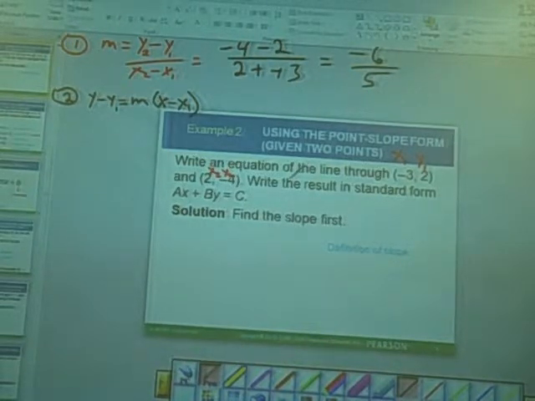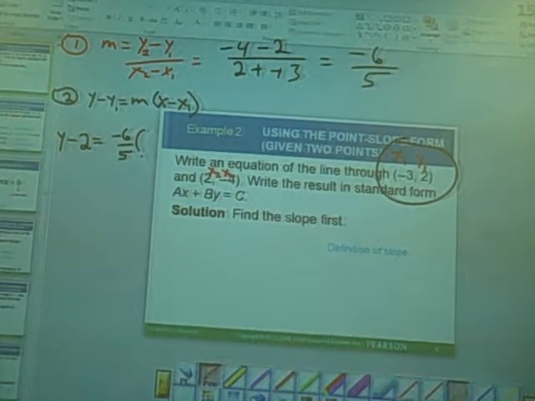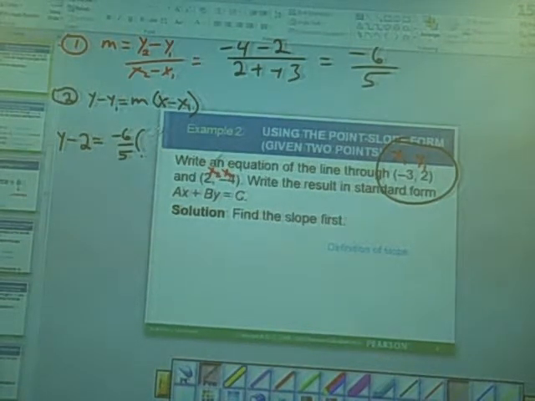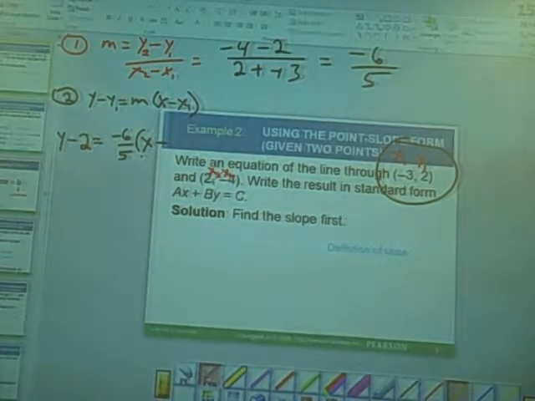Okay, because this says x1, y1 on it, I like to use x1, y1. So we're going to use the first one. Alright, so we're going to put in here y minus y1, which is 2, equals our slope, -6 over 5, times x minus x1, and x1 is -3.